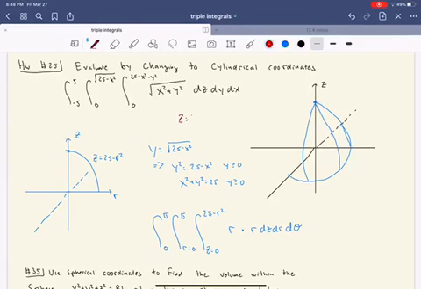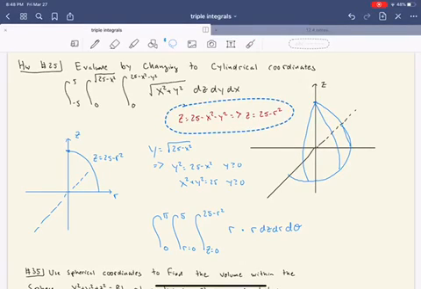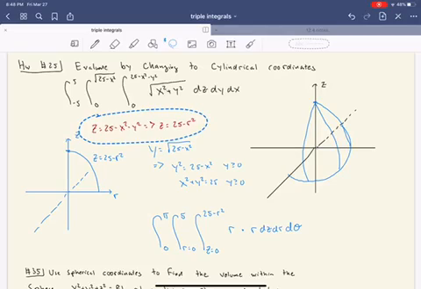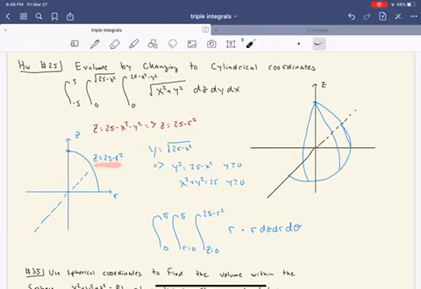Z equals 25 minus x squared minus y squared is the same as z equals 25 minus r squared, because x squared plus y squared equals r squared. That's how we get this.